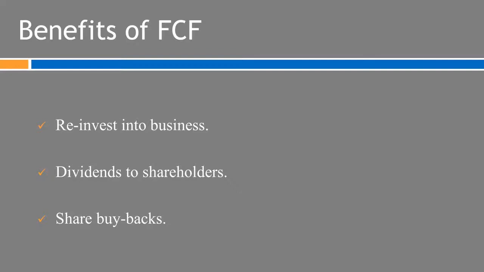Whereas conversely, if Apple was, let's say, worth $100 a share and they're buying them back for 80, so you're getting $100 of value for $80, then that's efficient use of money, that's providing value to shareholders.